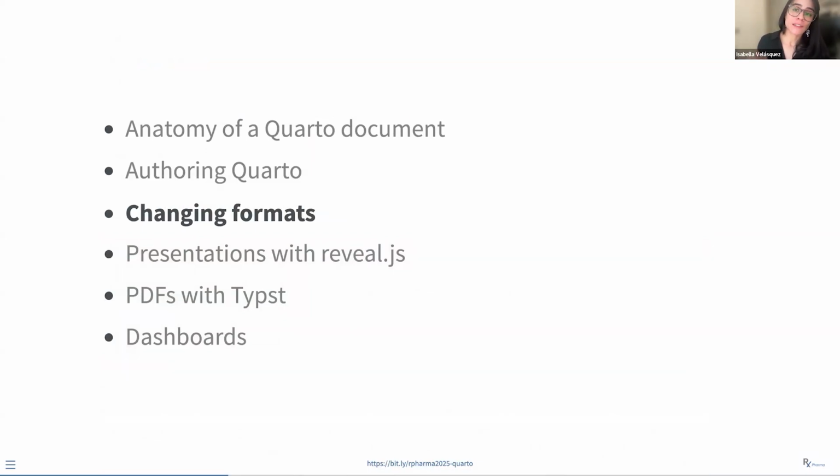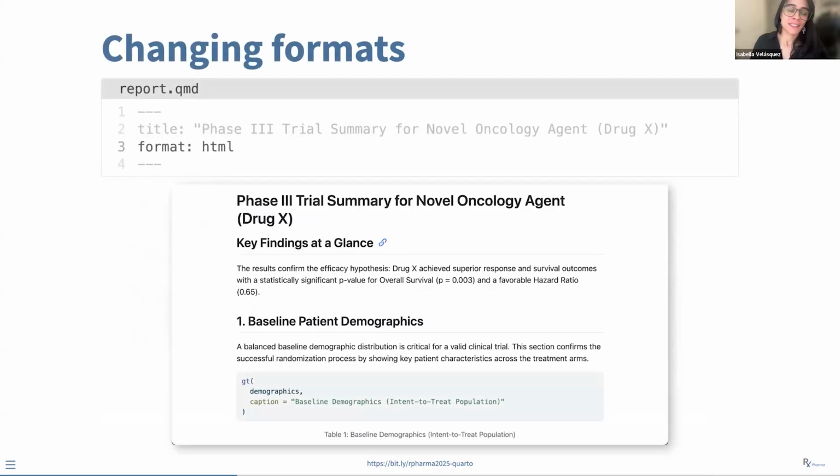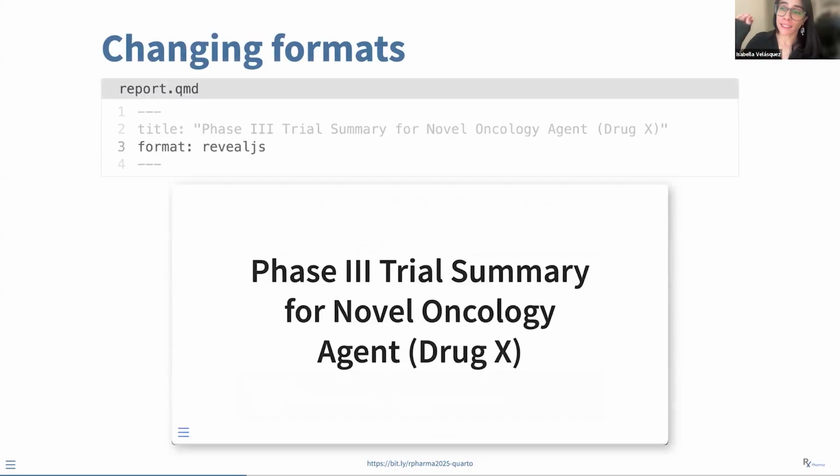Another big benefit of Quarto is the variety of the formats that you can do. So we've been working primarily with HTML, which are web pages. Changing the key value pair in the YAML heading from format HTML to format Reveal.js will transform your document into a Reveal.js presentation, which we'll talk about in a little bit. But essentially, the slide deck that you're seeing right now is made with format Reveal.js. And again, all I had to do is change the YAML heading to create a presentation.